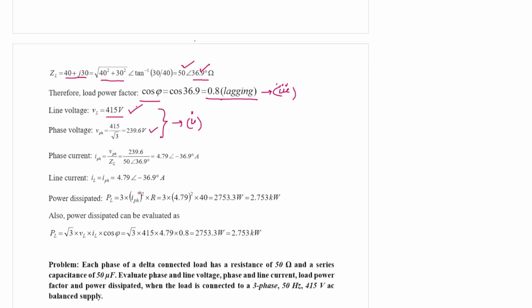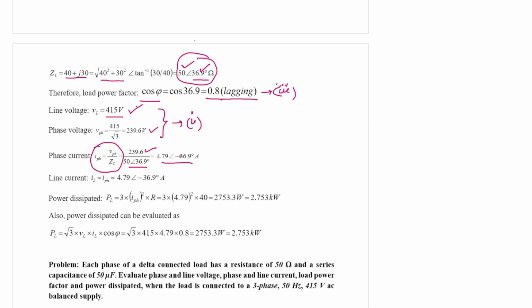Now what will be the phase current? Phase current is equal to phase voltage divided by ZL, that is the load impedance. Phase voltage is 239.6, which is evaluated already, and ZL is this value. If you evaluate, it comes out to be 4.79 at an angle of minus 36.9 degrees.